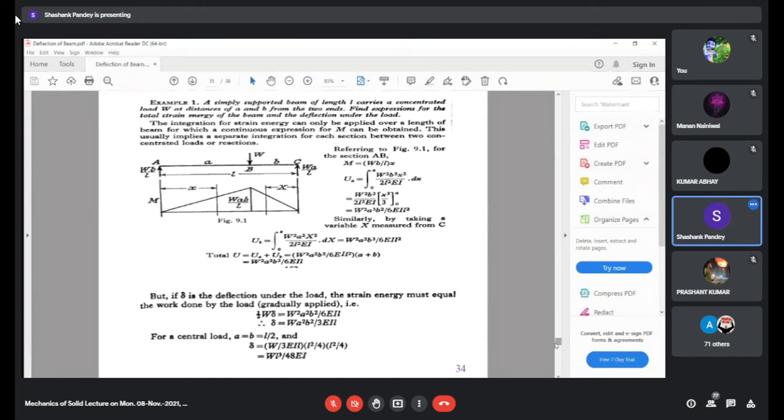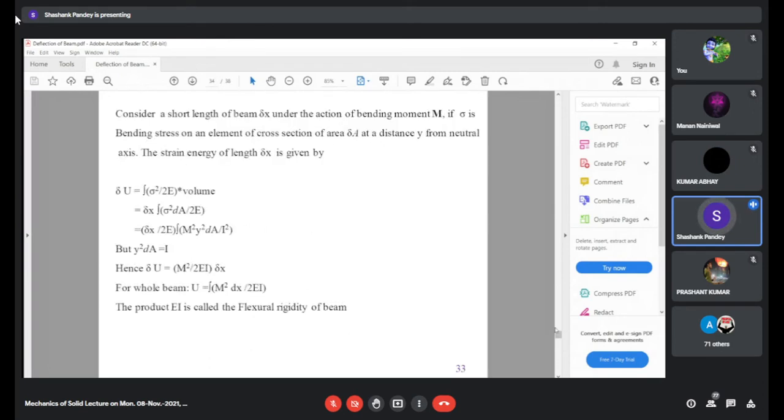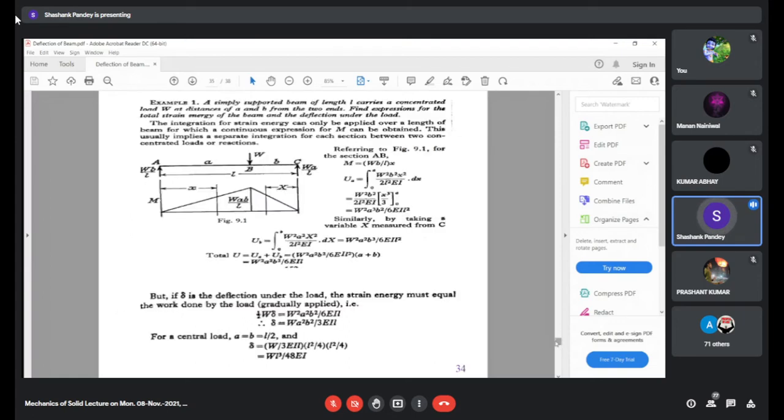Here we are not following our conventional approach, we are following an energy approach. The moment at any distance x from the left hand support, that is from point A, is M equal to Wb upon L into x. As we saw previously, we will substitute in U equal to M square into dx upon 2EI.